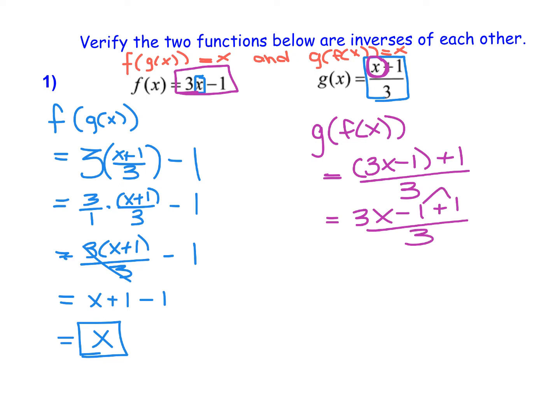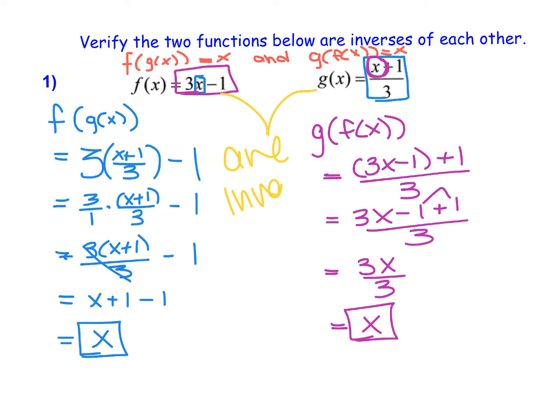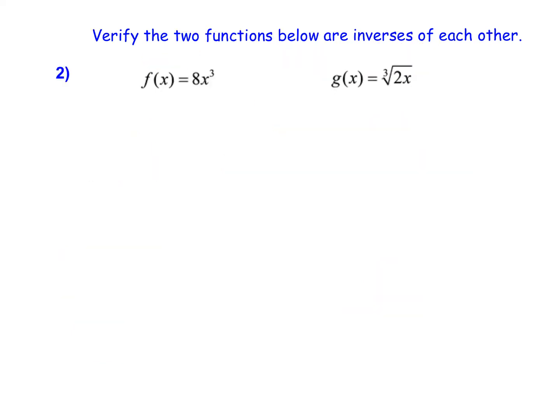These two together become 0, so I have 3x over 3. That simplifies to 1, so I am just left with x. So what I can conclude is that f of x and g of x here are inverses of each other because f of g of x equals x and g of f of x is equal to x.